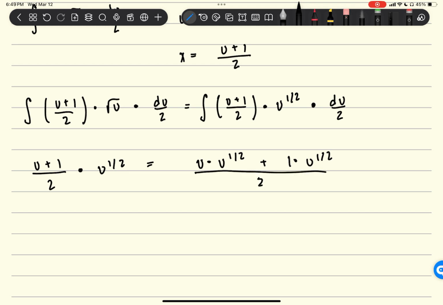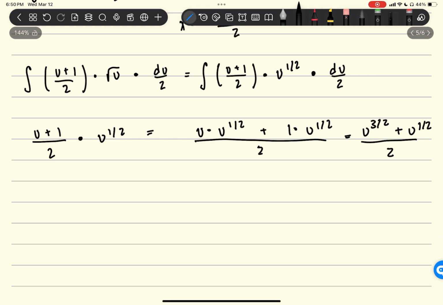So u times u to the 1/2 is going to be u to the 3/2. And 1 times u to the 1/2 is just u to the 1/2. And we still have the 2 in the denominator.